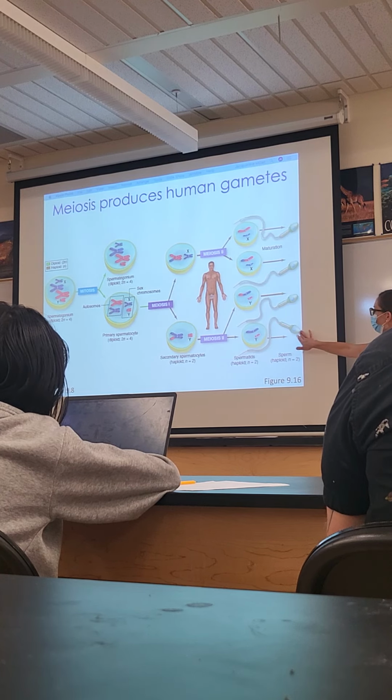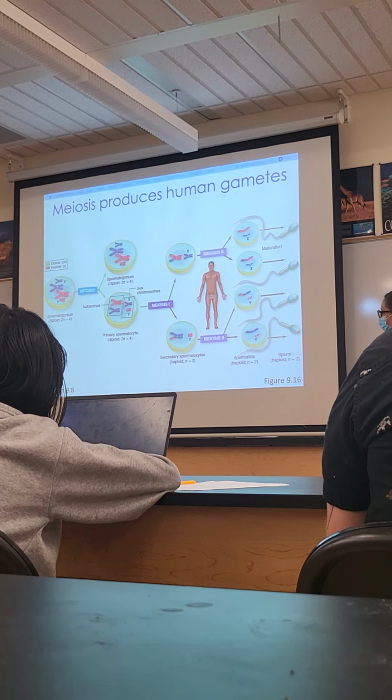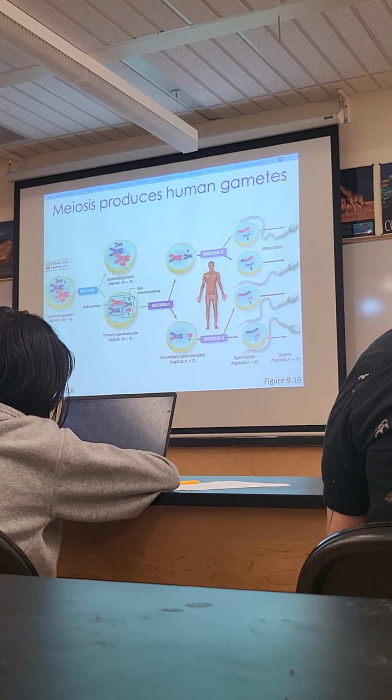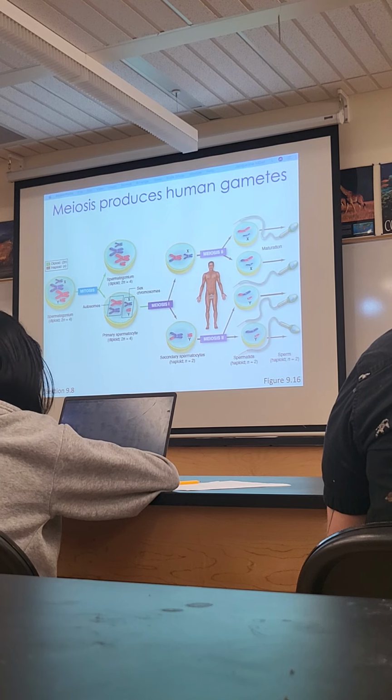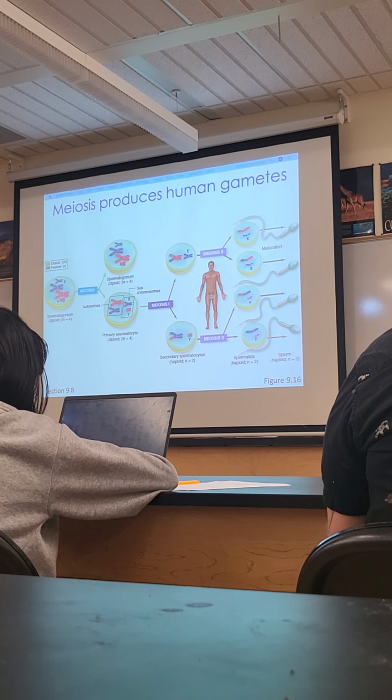There are also enzymes that help break down the outer layer of the egg, which are part of this maturation process. So that process in males is pretty straightforward in that it's happening continuously. All four spermatids can create mature sperm that could fertilize.